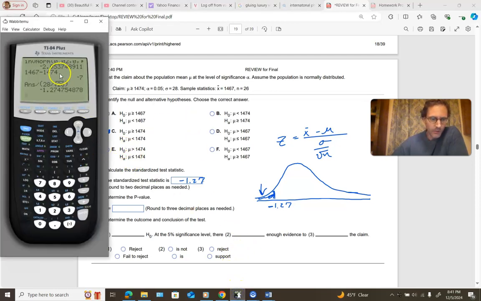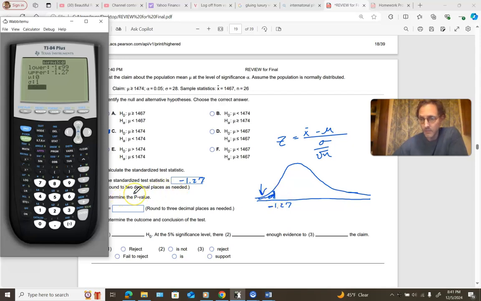So to do this, we can go to distributions and go to normal CDF. Okay. And our lower bound can be negative 1 or negative infinity. And then our upper bound will be this z-score, negative 1.27. And this will give us the area to the left of this critical z-score.